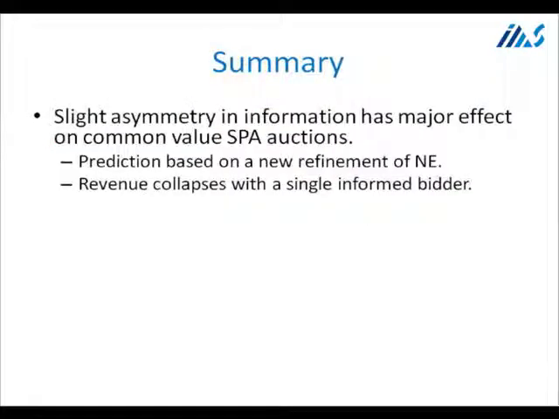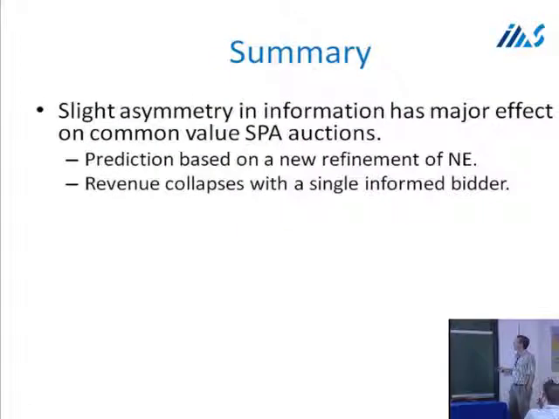Okay, so let me summarize. We think about this asymmetric information in common value auctions. We came up with a new refinement of Nash equilibrium that enables us to give a unique prediction in many interesting cases, and we see that there is a revenue collapse when only one agent is informed.